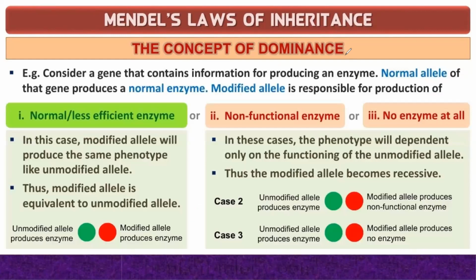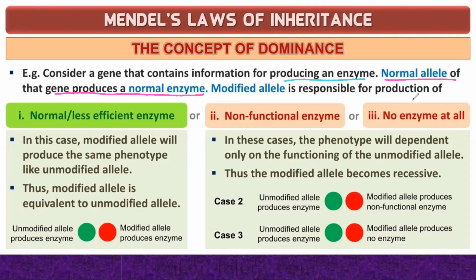Lastly, let's learn the concept of dominance with an example. Consider a gene that contains information for producing an enzyme. Right? We are considering a gene that is responsible for the production of an enzyme and how it is functioning. A normal allele, that means a normal gene, produces a normal enzyme.